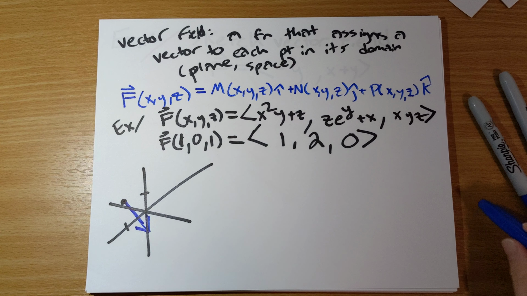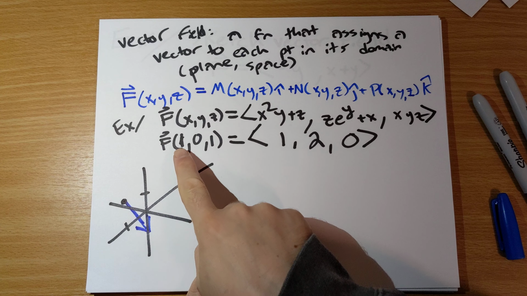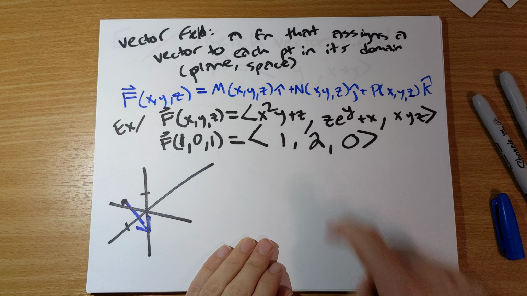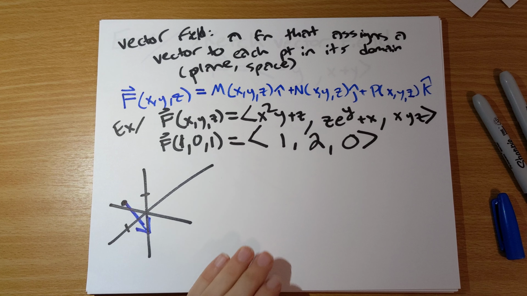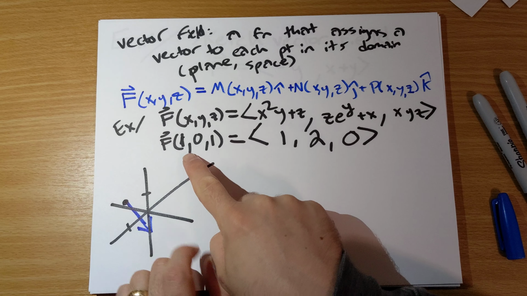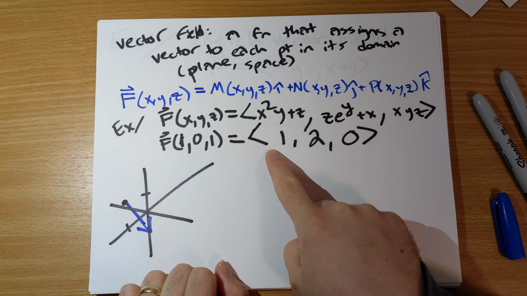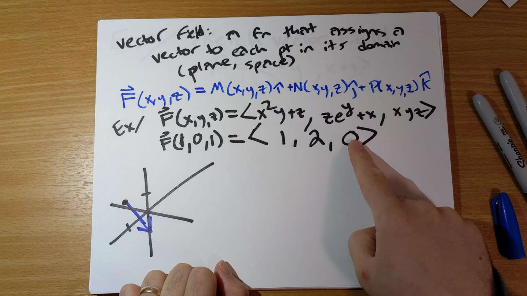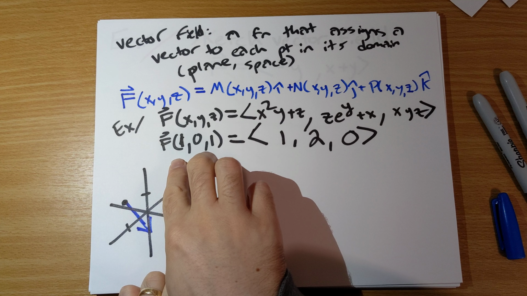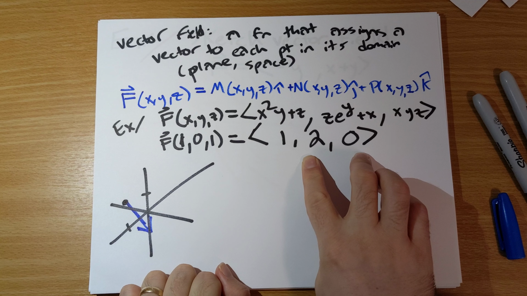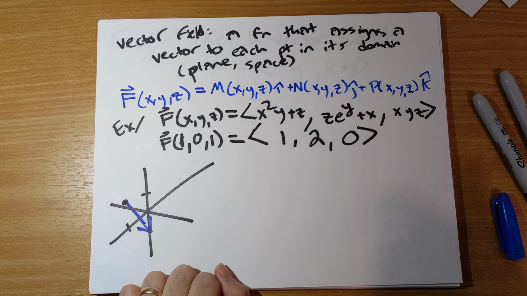We're associating with the point 1, 0, 1 the vector 1, 2, 0. You can think of it as there are 3 inputs here, 1, 0, 1, and the output is 3 outputs, 1, 2, 0. We can think of it as putting in a point and outputting a vector. These are all kind of equivalent ways to think about it.